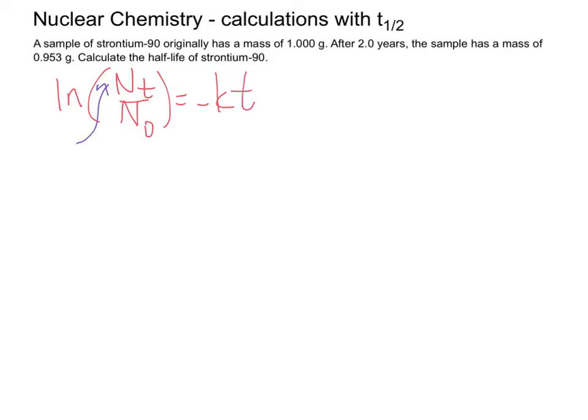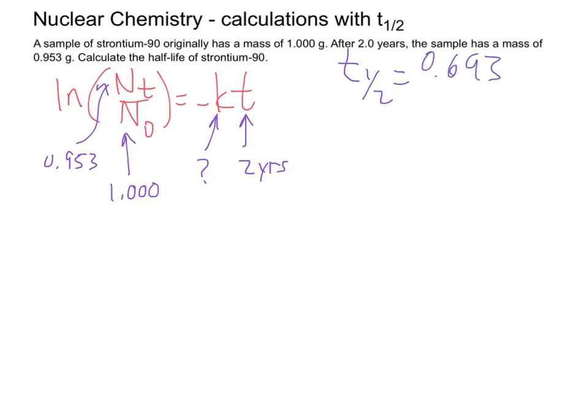So you said that N_t was going to be 0.953, N_0 is 1.000, t is going to be 2 years, because you're not forgetting units, and so that's what you need to figure out, the k. And that allows you to find the rate constant, and then afterwards you can use t_1/2 equals 0.693 over k.